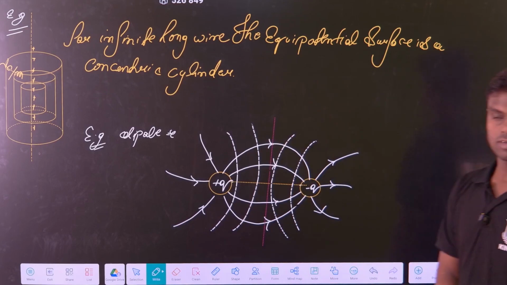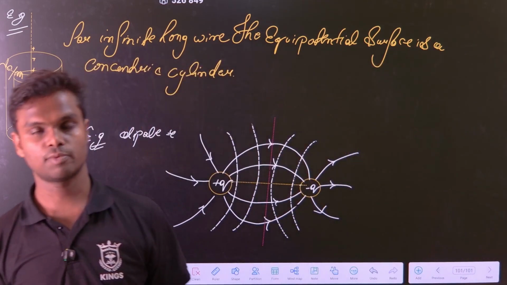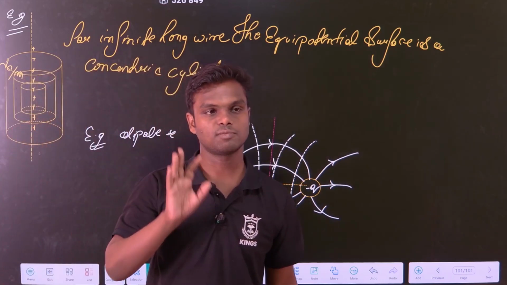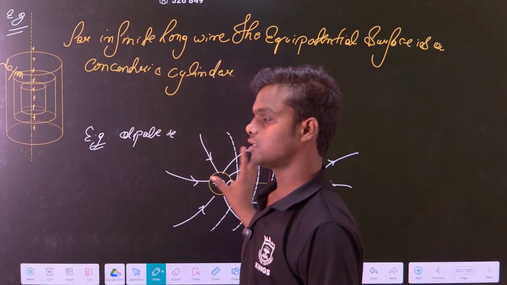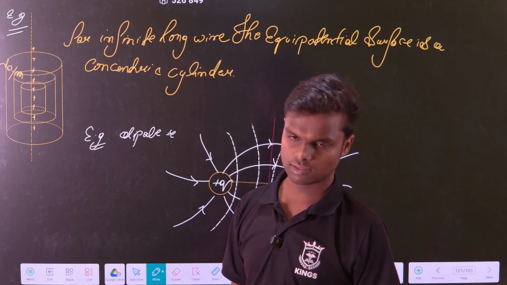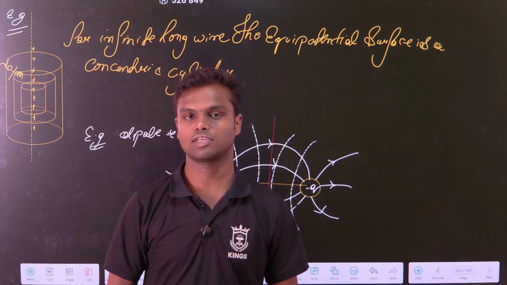So I hope with all these examples you at least get an idea about the equipotential surface. Equipotential surface means the surface on which the potential is the same, and how to draw the different diagrams for given electric field lines, or how to draw it for different charge distributions.